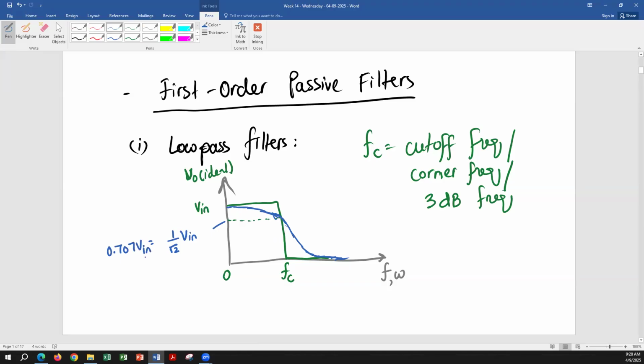This is what happens at the cutoff frequency, and this is actually the definition of cutoff frequency. The cutoff frequency is the frequency at which the output of the circuit drops down to 70.7% of its peak value, which in this case is the input voltage.